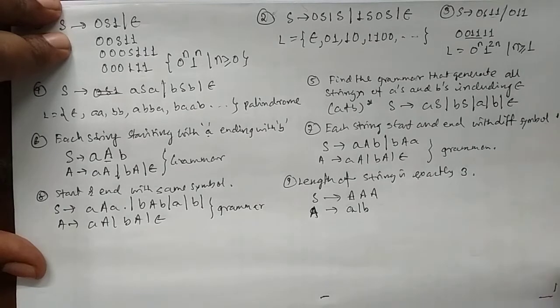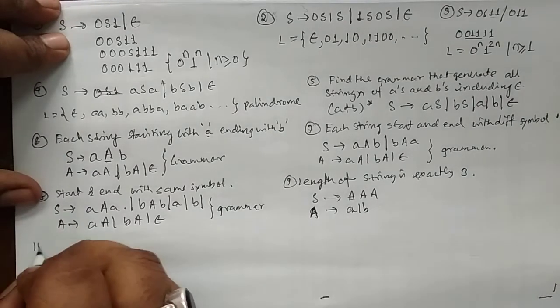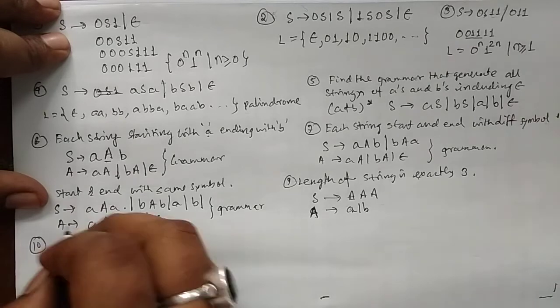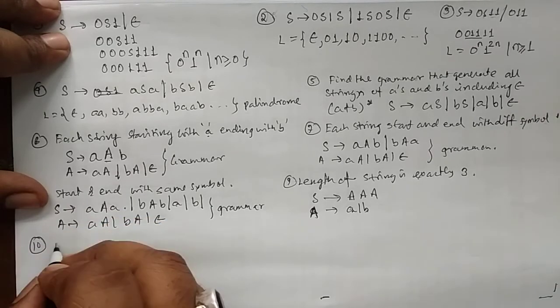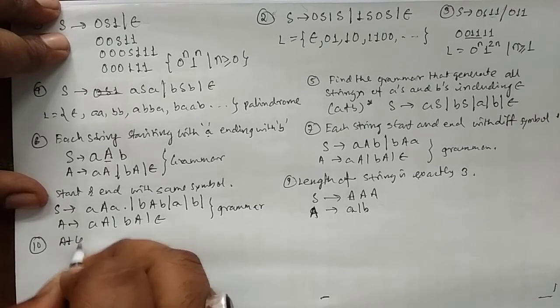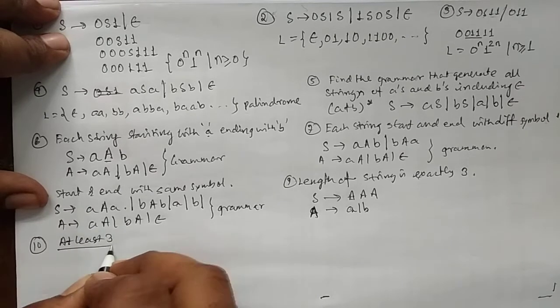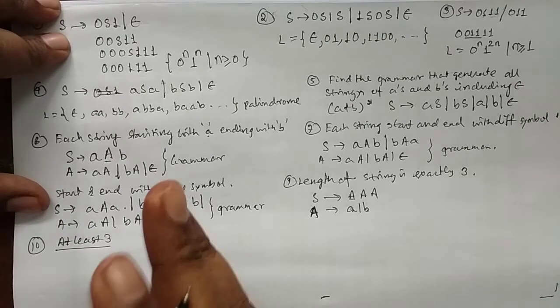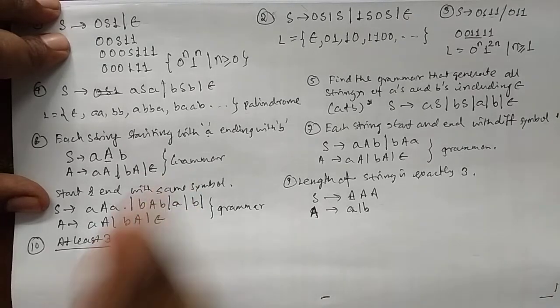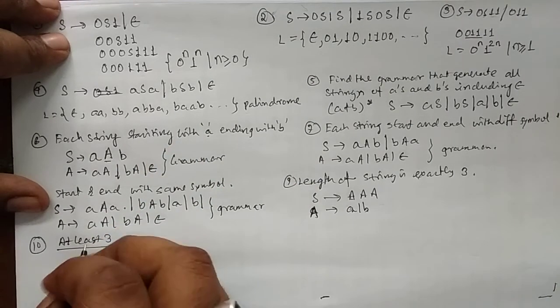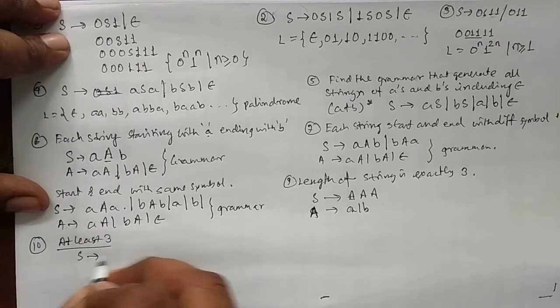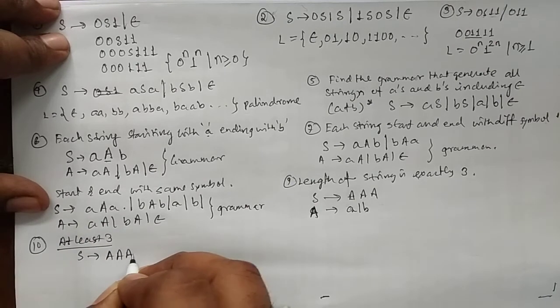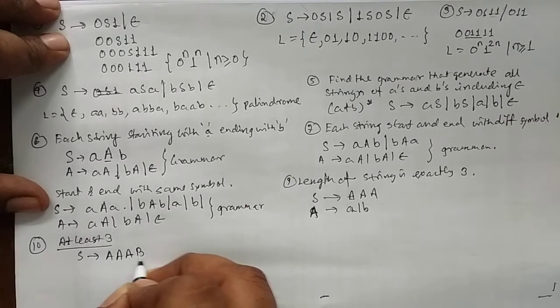Now number 10. It is given that the length of the string will be at least 3. At least 3 means the length of the string will be minimum 3 and maximum anything. So what will be the grammar? The minimum is 3, and if you want you can increase.